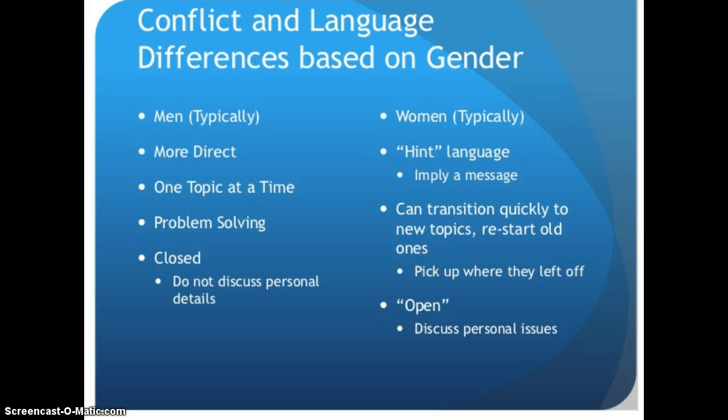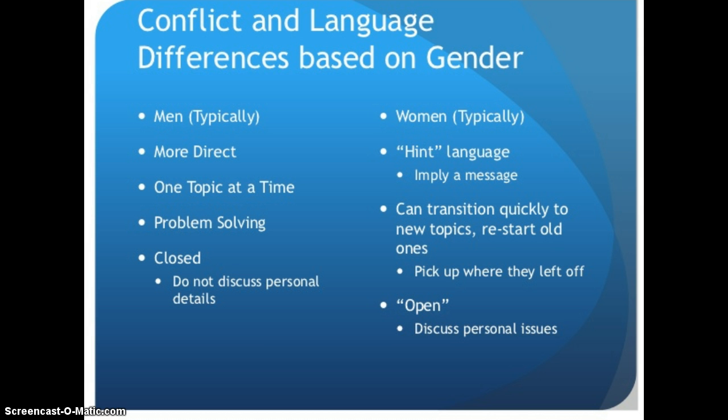On the other hand, women do a lot of hinting language. Oh my goodness. Did you know I had to get up at 5 o'clock this morning? That's hinting language at, I'm really tired, worn out, don't want to deal with this right now. And women can easily transition quickly between new topics, restart old ones, and dig up baggage that was 3 or 4 months old.